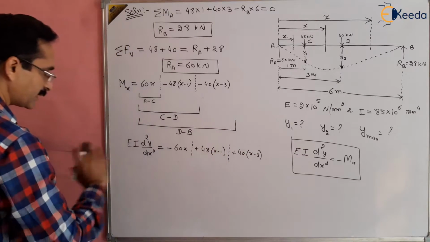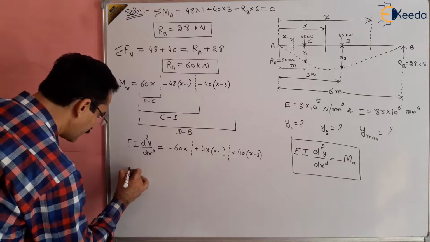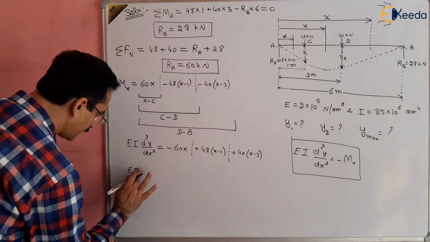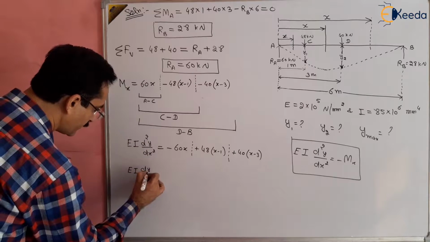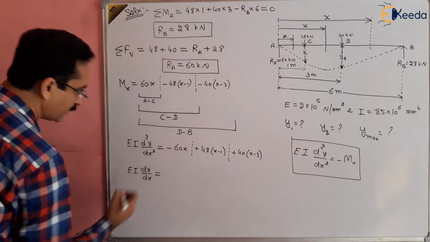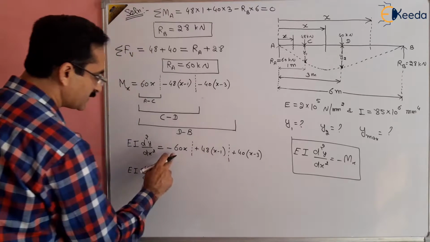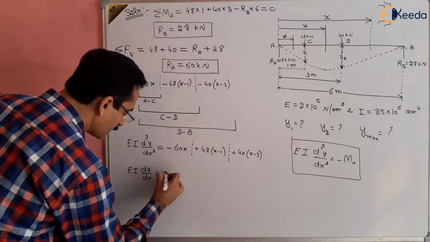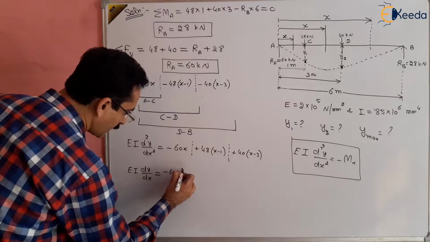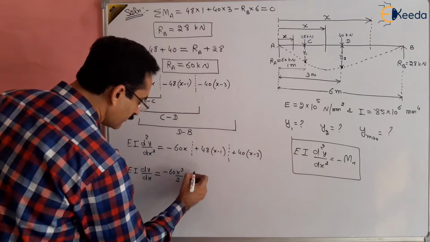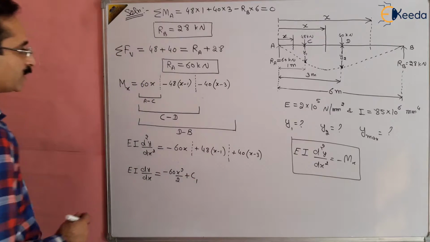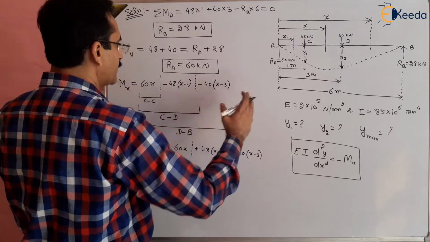Integrate it once, we will get the slope. So by integrating, EI dy by dx is the integration of d2y by dx square, and that will be equal to the integration of this: minus 60 x square by 2, plus a constant, right? We put the constant here because it will be valid for the entire section.